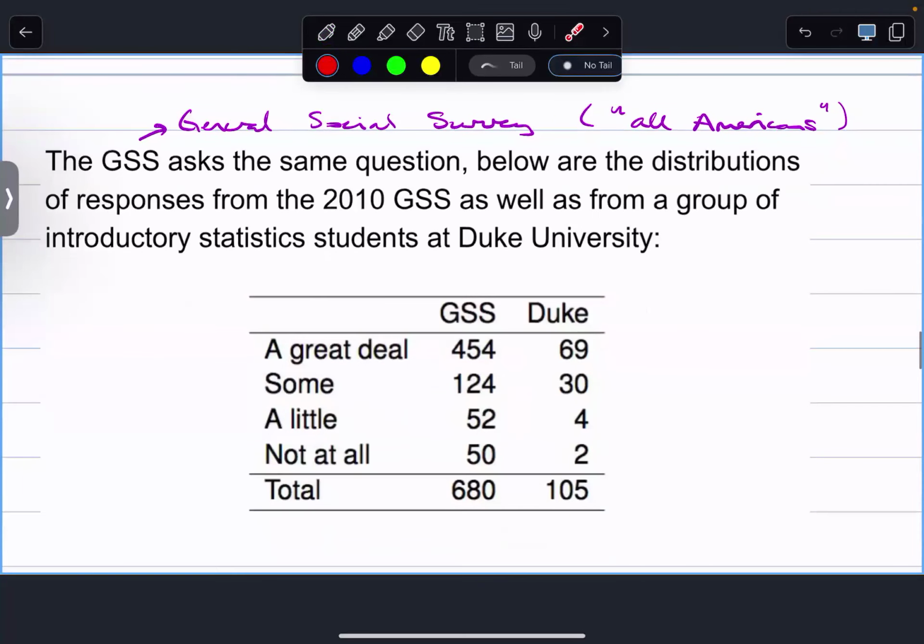And so it asks the same question. Below are the distributions of the responses from the 2010 GSS, as well as from a group of introductory statistics students at Duke University. Where I stole this from, one of the authors teaches at Duke University, so all her examples are about Duke, which is kind of fun.